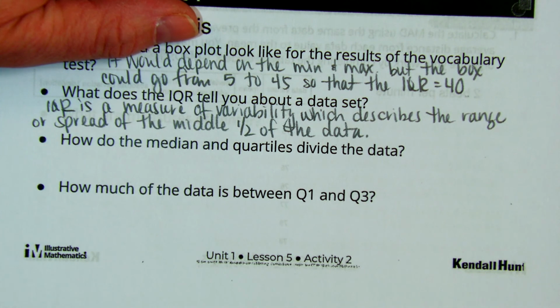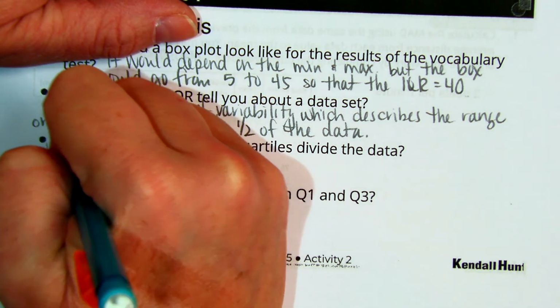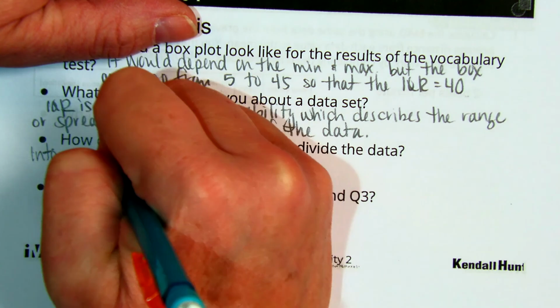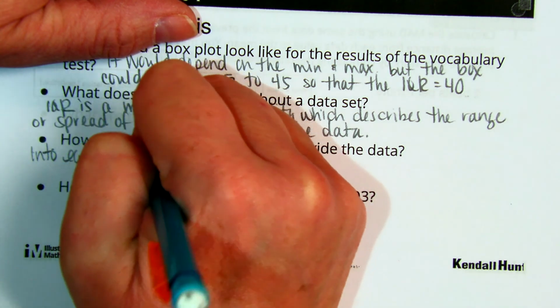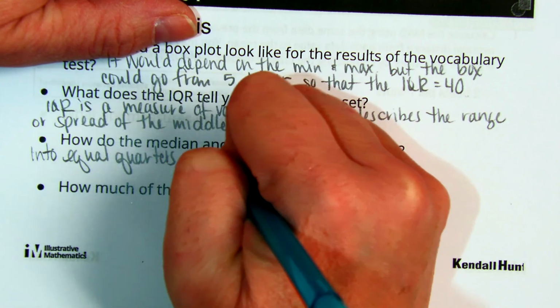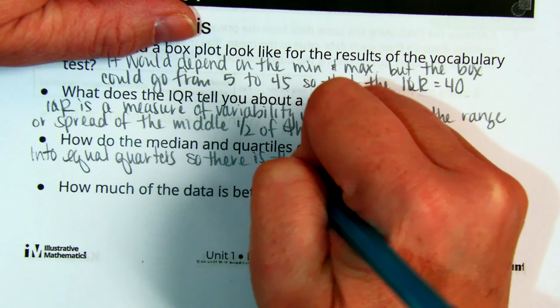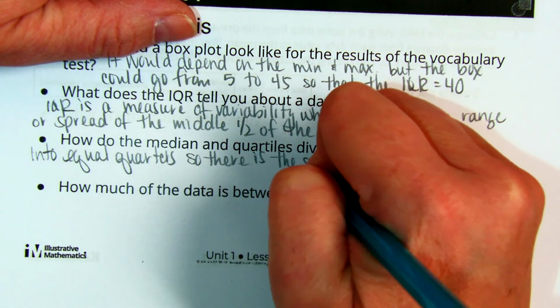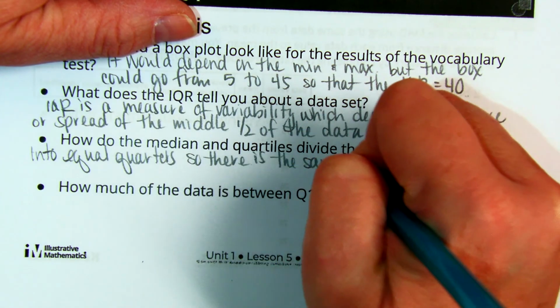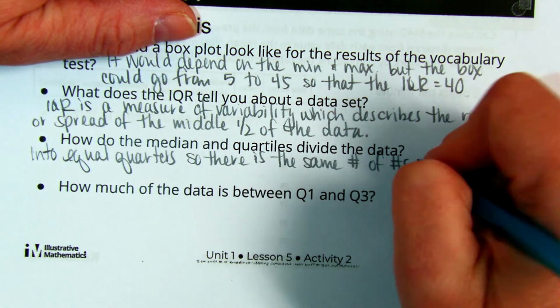How do the median and quartiles divide the data? Divides it into equal quarters. So there is the same number of numbers in each quarter.